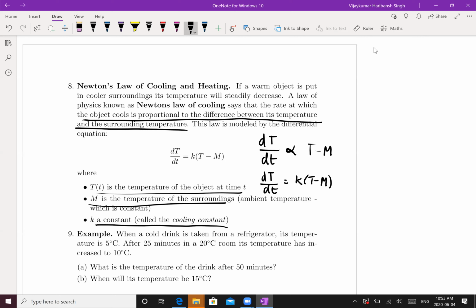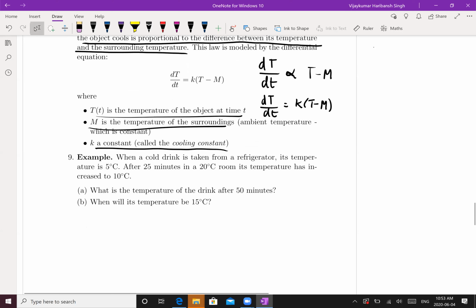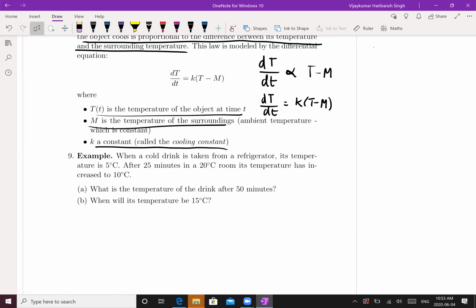Now, this cooling constant depends on your object, right? Some objects cool much faster than others. But that is not our concern. Our concern is basically to solve this equation, right? But you should look at this, it's an interesting read about cooling constants. So let's read this problem.